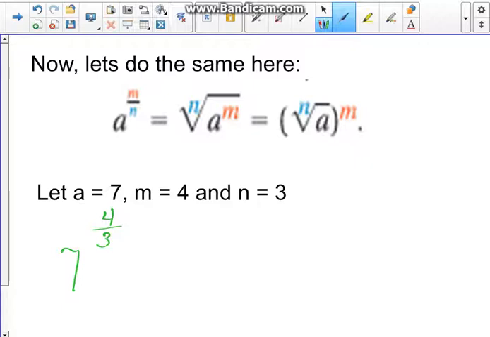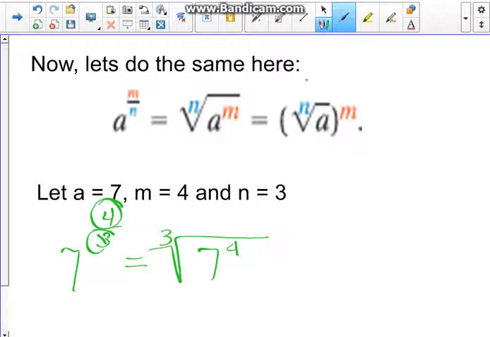So if we have a fraction like 4/3 as a power, we can simplify that to this. The denominator, the bottom one, becomes our index. A is still our main number. And the top one is the power. Think of this, strong on top, power. So that's the power.